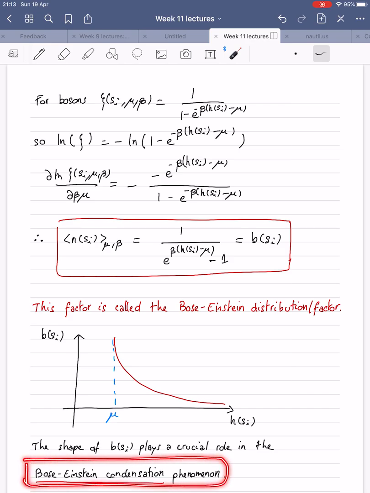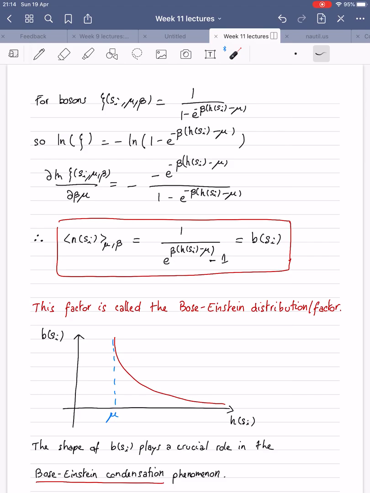This is related to what is called the Bose-Einstein condensation phenomenon. We are not going to look into this in much detail, unless I find the time. It's just to let you know that when you are looking at what's going on here, you are flirting with Bose-Einstein condensation.